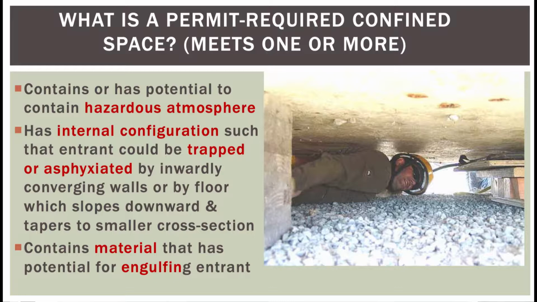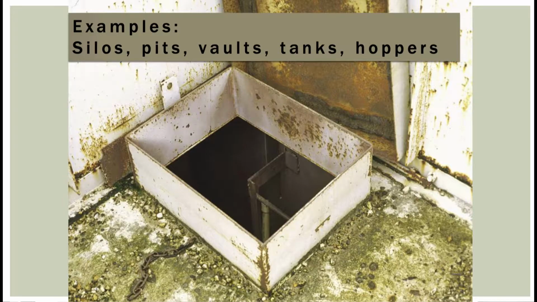So think about an upside down V, or being in a silo where if you fell in you wouldn't be able to get out, or a liquid vat. Or it contains materials that have the potential to engulf the entrant, and the entrant is the person who makes entry into a confined space, and these are specific terms used by OSHA.